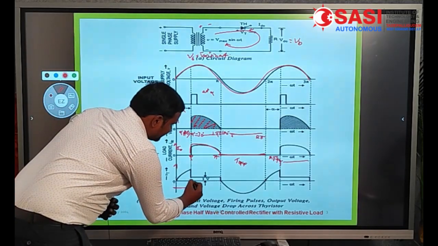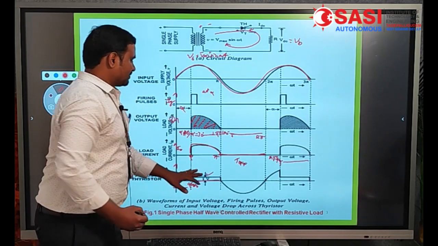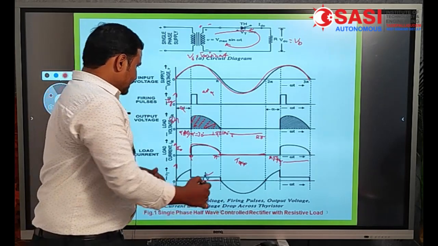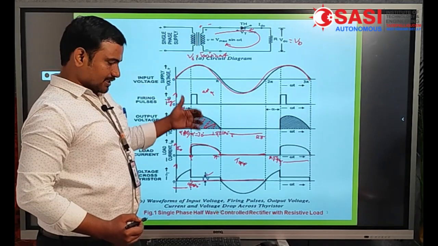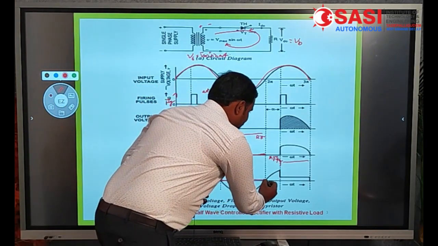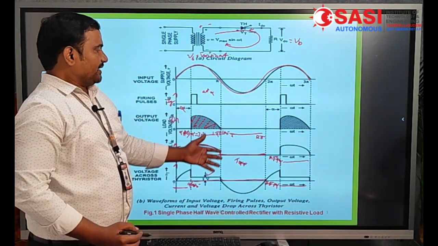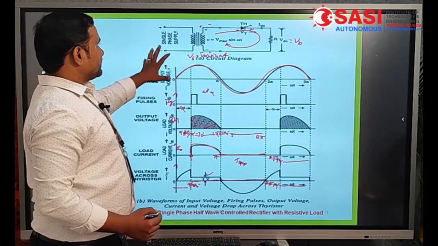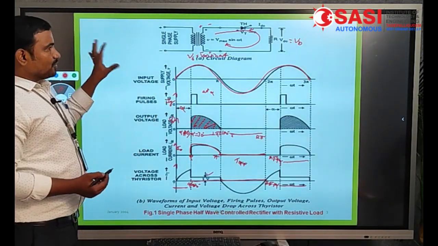Then after that, during the on condition there is only a drop voltage, let us assume 1 volt will be the dropping voltage during the on condition, and in the reverse direction we will get the maximum reverse voltage because it is in off state, that means an open circuit voltage condition will appear at this point. So similarly again from 2 pi plus alpha, it will continue with the same scenario during the on condition of the thyristor. In this way we are going to analyze the thyristor concept.